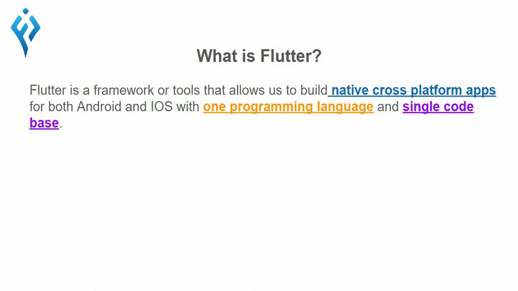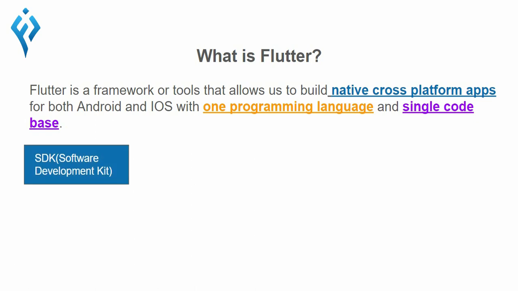Now, let's have a closer look at Flutter. Flutter has two major things. The first is the SDK, the Software Development Kit. We can say it is a collection of tools and environment that allows you to write applications using a single code base or one programming language.